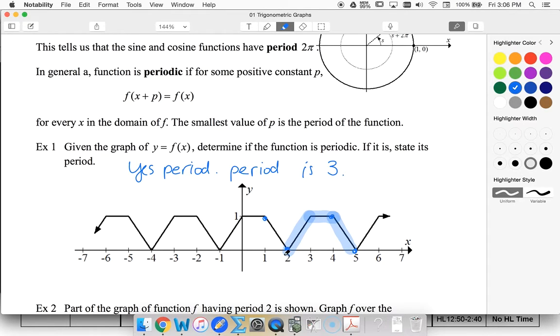But going from 1 to 4, I could say a full cycle goes down, up, across. And then I repeat, down, up, across. So period just tells me how long it takes before I start repeating.